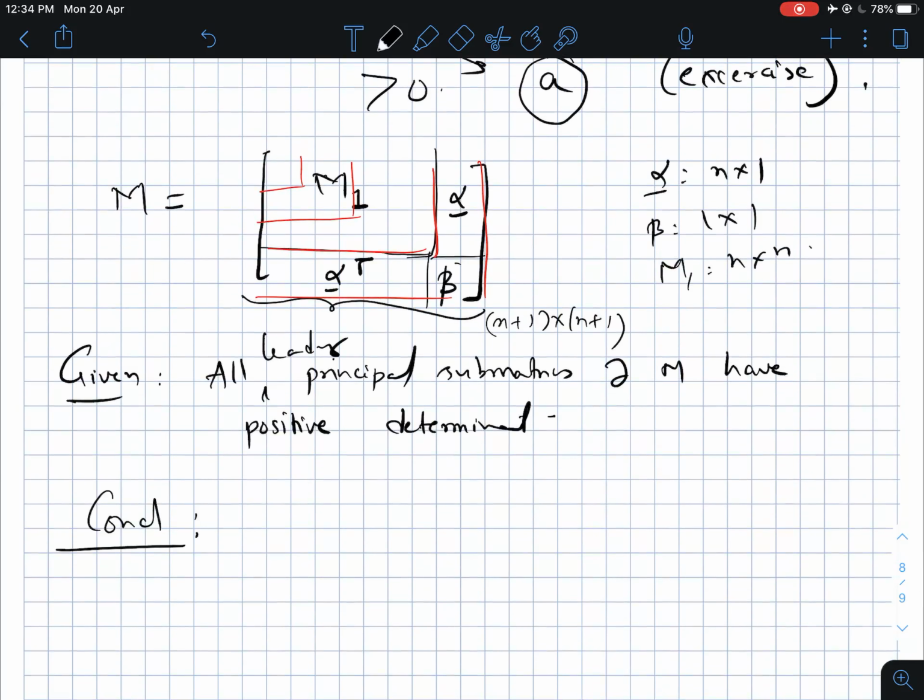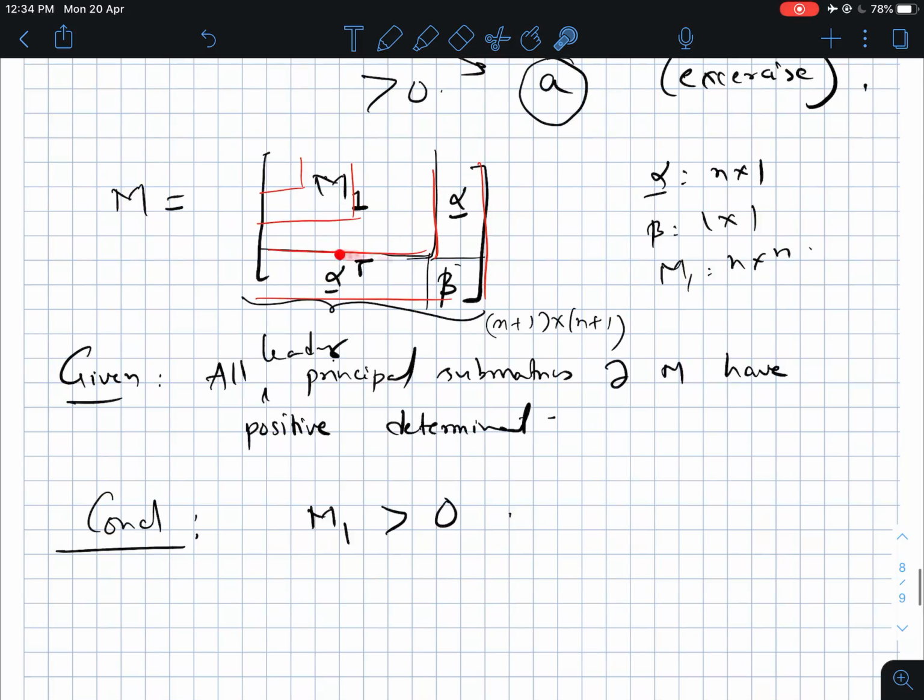That's given to us. So what is the first conclusion that you will make? I'm immediately going to conclude that M1 is positive definite. Somebody tell me why that is. Again, I keep forgetting that these are not live lectures. How do we conclude that M1 is positive definite? Well, this means that the leading principal submatrices of M1 also have a positive determinant.